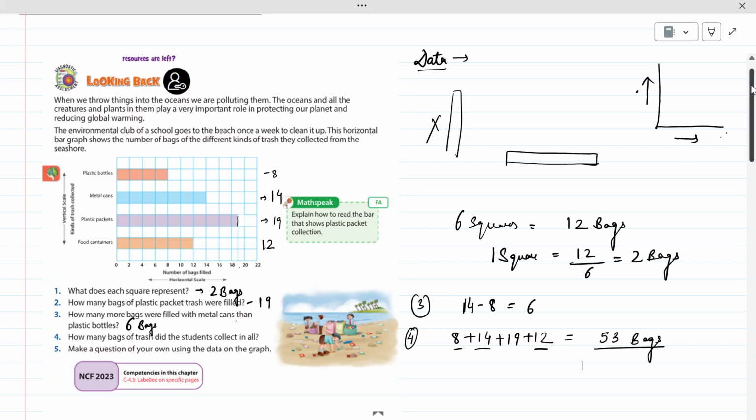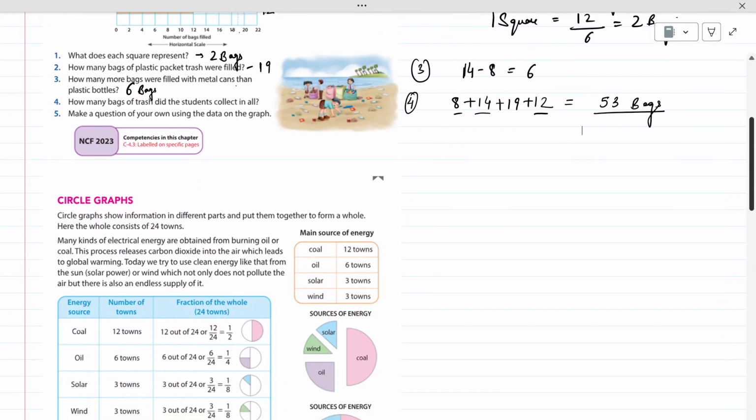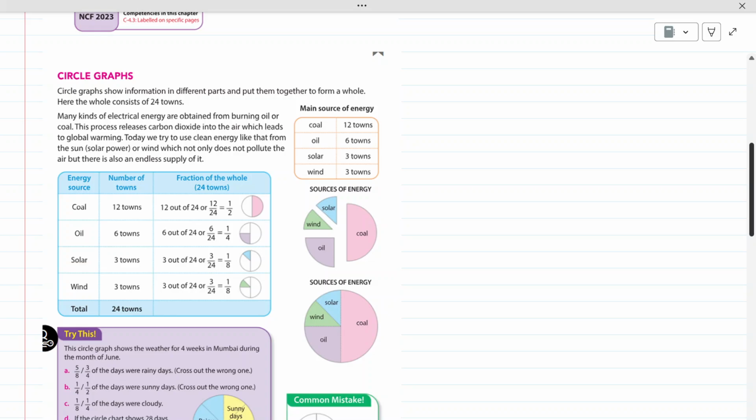And now let's move to the circle graphs here. So circle graphs, kids, we know how we have to do it. I'm just giving you a gist of it again, although we have covered this in grade 4. So here, the one full circle represents the total data given to us.